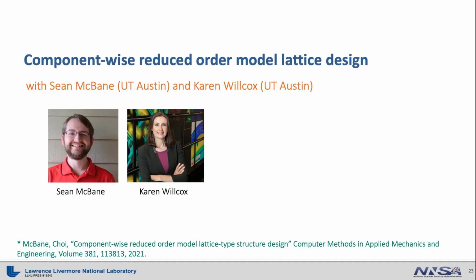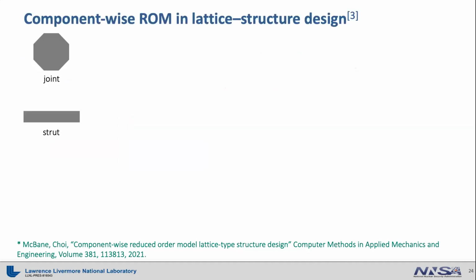So if you have 1 million finite elements, then you will have 1 million design variables. To accelerate that kind of problem, the lattice structure design optimization process, with good accuracy, we have developed a component-wise reduced model, which was first pioneered by Professor Patera's group at MIT. We have extended it to the lattice structure design process.